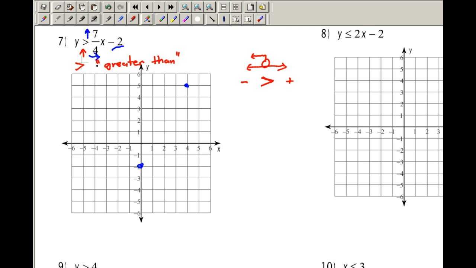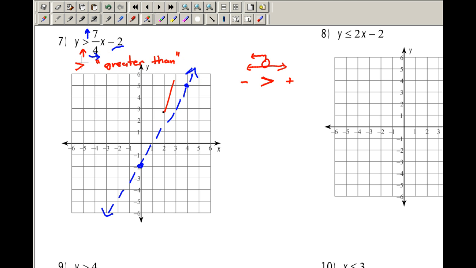According to the chart, is this solid or dashed? Dashed. So be careful here. Still use a straight edge, but don't automatically draw a solid line. Still use the arrows at either side. And should I shade above or shade below? According to the chart? Above, yes.